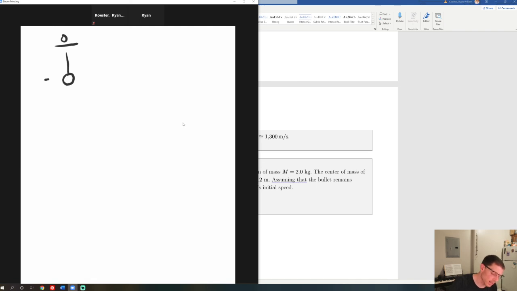It's about to hit it. And remember, the bullet has mass little m, and we can probably safely say that it has a velocity vector that points to the right. I'll call this u again, u naught maybe.